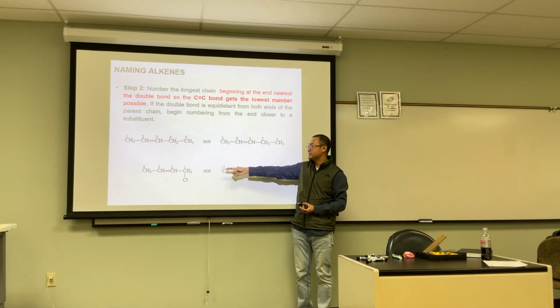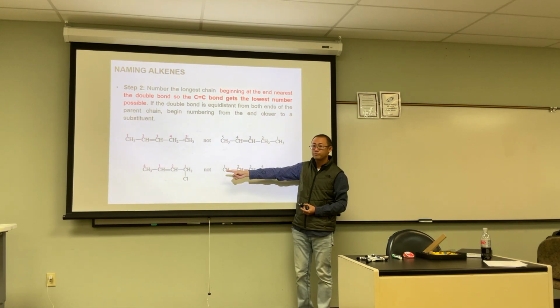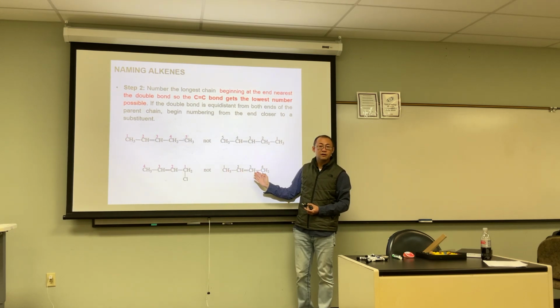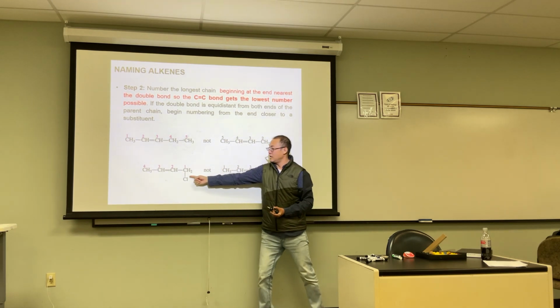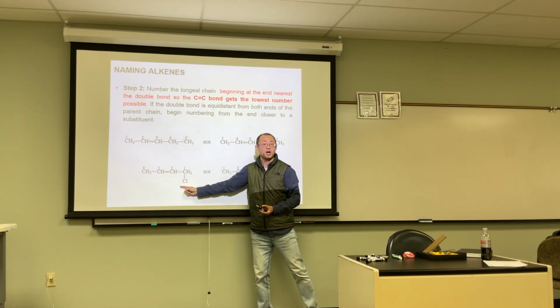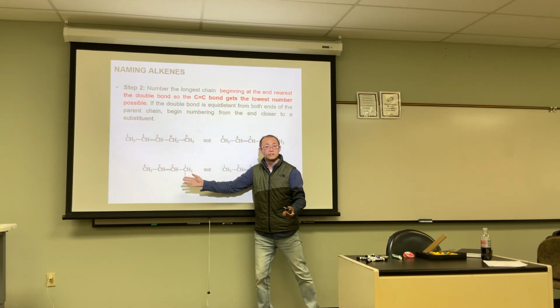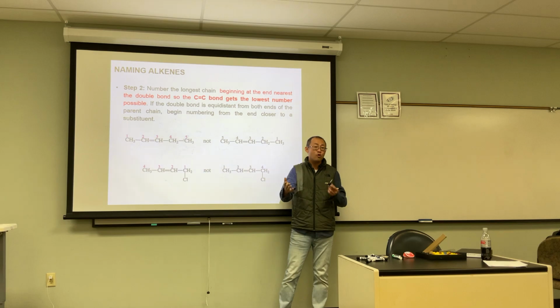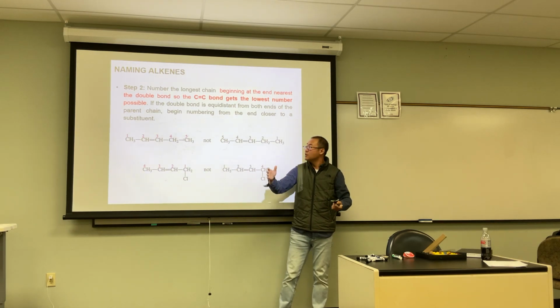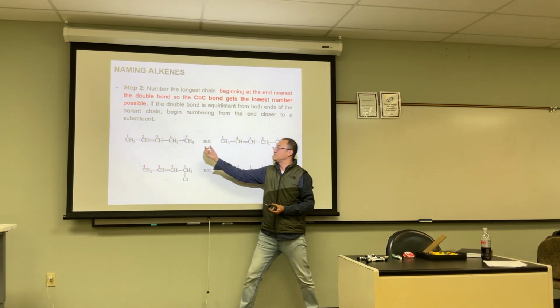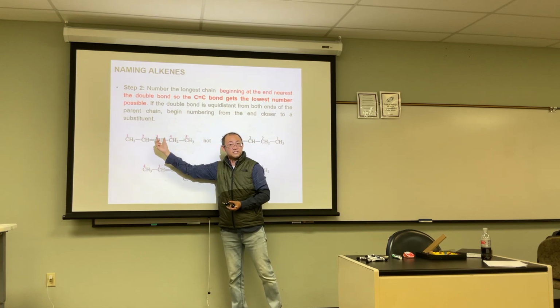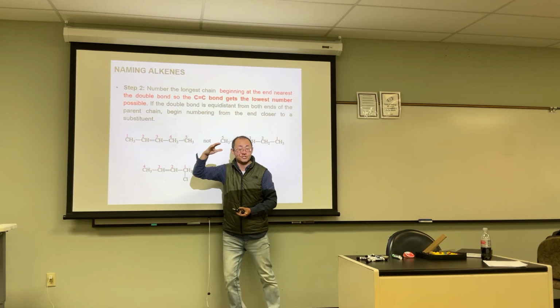Same here. Both are 2 and 3. In that case, I need to consider there's a group on this carbon, so this carbon starts with what? Start with 1. The rule is the same, get the lower number, but you first need to make sure the double bond takes the priority, gets the lower number first.